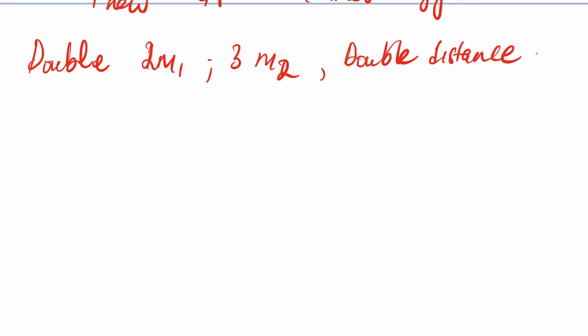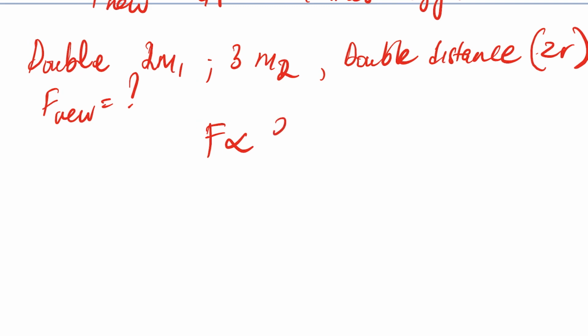If I double the distance, it will be 2r. So what is the new force? Proportionally, it will be 2m1 times 3m2 over, and then that 2r, you put it inside the bracket and square it.